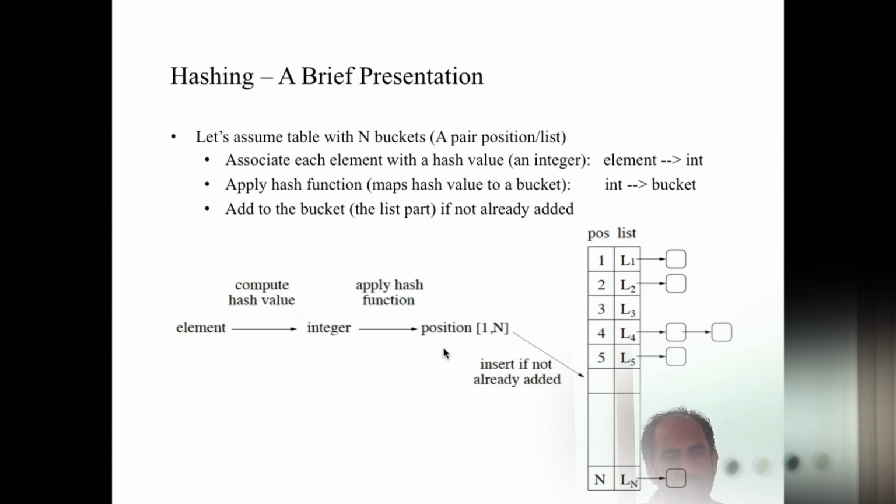So you need to write some function that should map your values to those buckets that you have. You get an element, and then you determine the hash value for that element. It means you write a hash function that returns an integer value, and you use that integer value to find out the position for that element in your hash table.